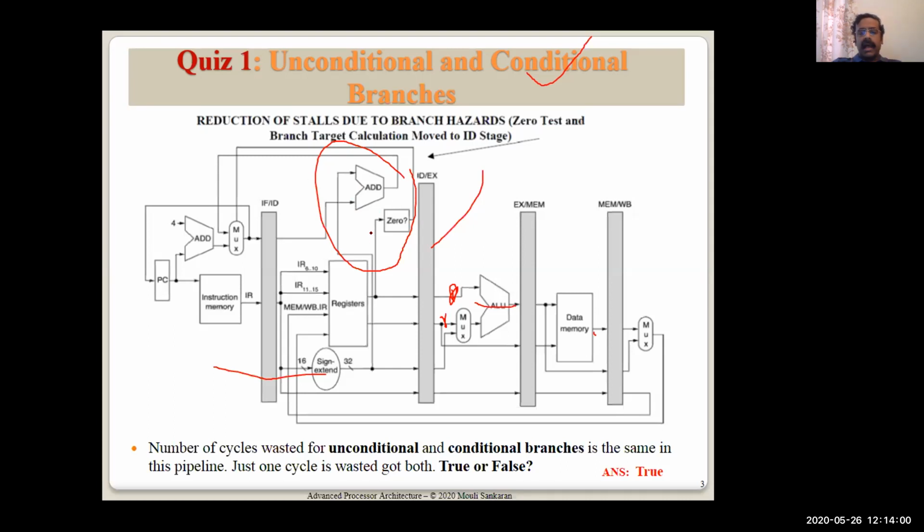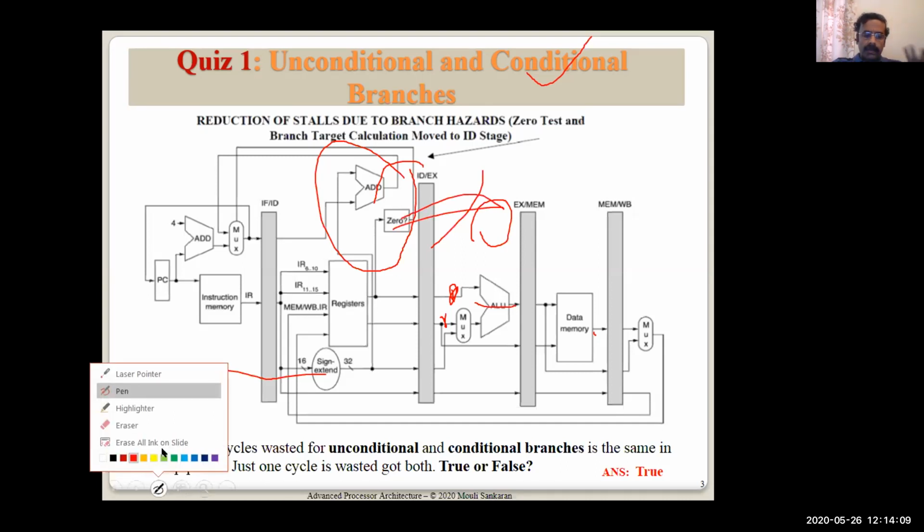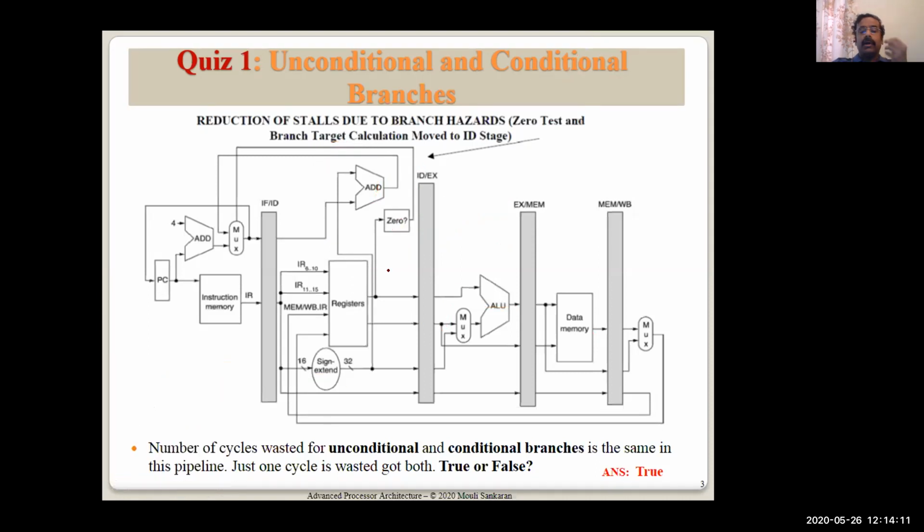It is adding this adder here. We were doing flag checking there, and we moved it here. So these are all optimizations done on the pipeline to effectively reduce the stalls in the pipeline. Stall means execution is stopped till some decision is taken.